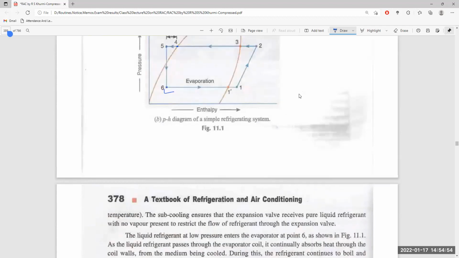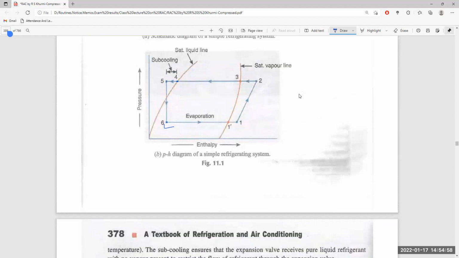Up to this portion it is the saturated vapor line. So up to this point, all the liquid is evaporated, and from 1 dash to 1, it is superheated, heated more than the saturation temperature.